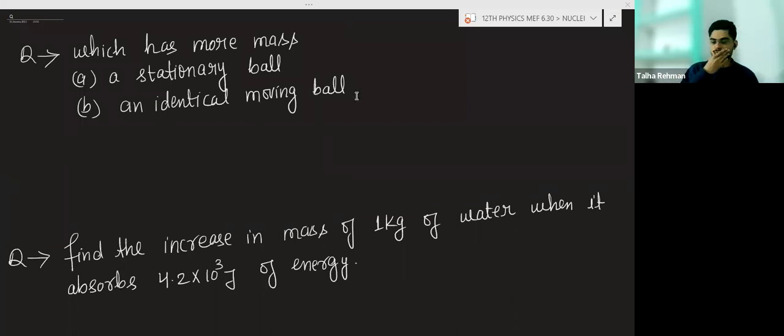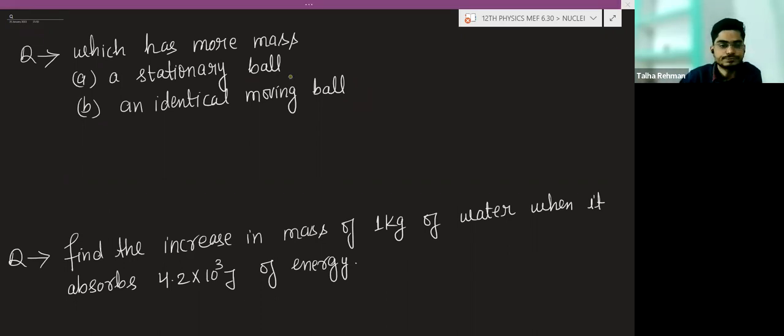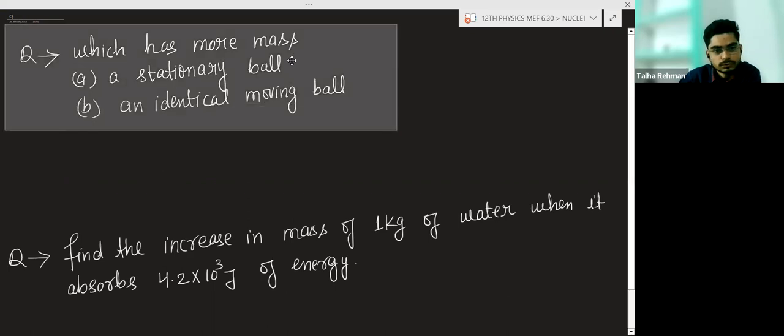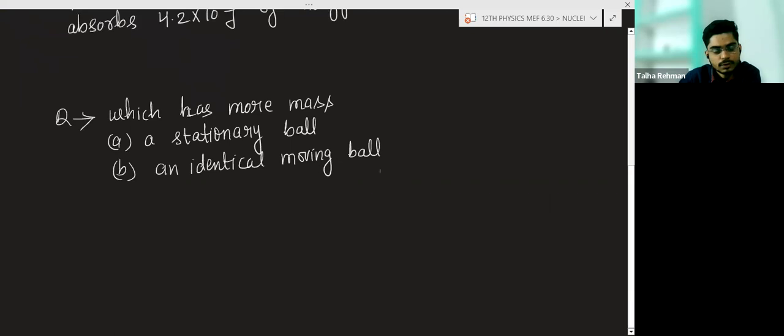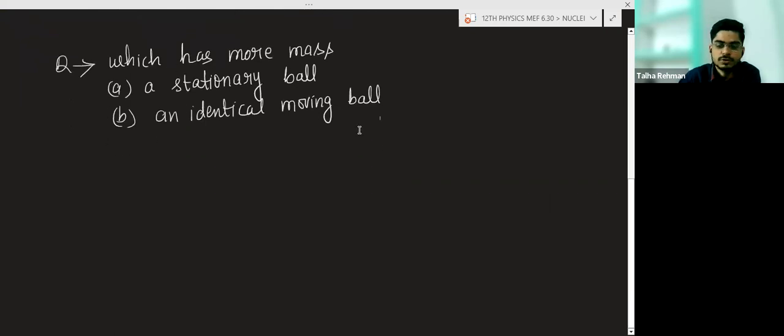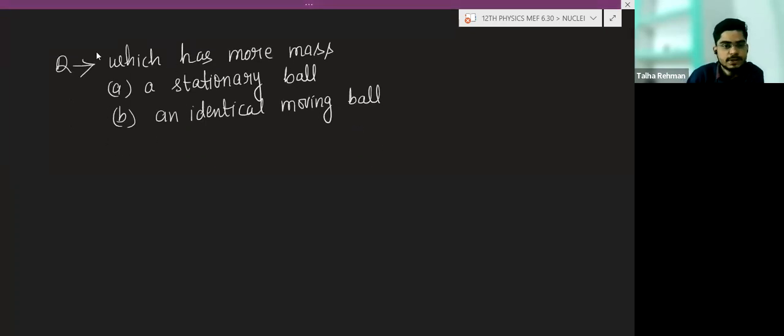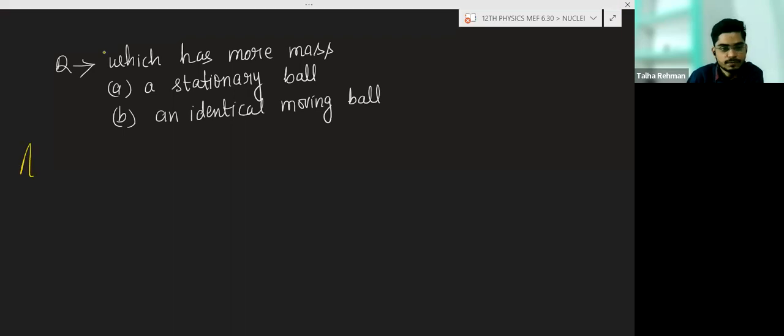So what I told you, more energy means more mass. So this stationary ball, I can explain in this way. Which has more mass? We can explain this in this way.